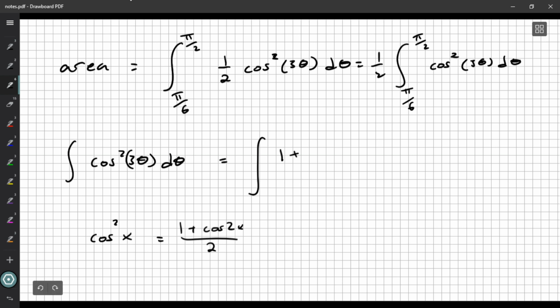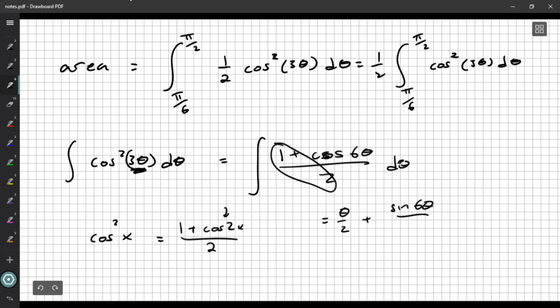So we can replace this with 1 plus cosine, now it's going to have to be 2 times the 3 theta, so cosine 6 theta, all over 2. Integrate 1/2, we get theta over 2. And then integrating cosine 6 theta should give us sine 6 theta over 6, but also combine it with the 2, we get 12.